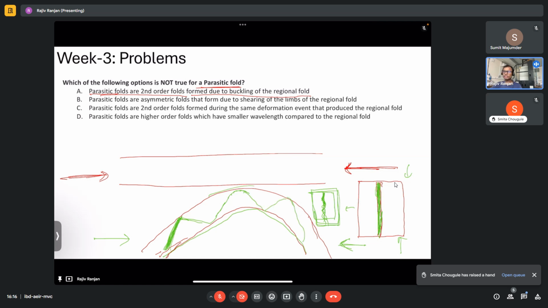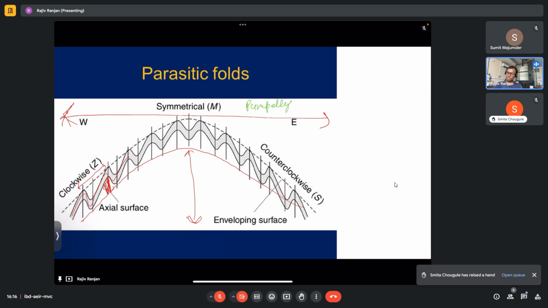The interesting part is that they mimic the larger folding geometry, and this is actually known as Pumpelly's rule. So Pumpelly's rule suggests that the higher order folds will mimic the lower order fold. That means they will also form this folding. So this is the morphology that you are asking about.